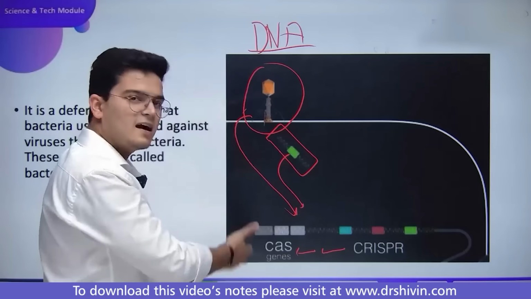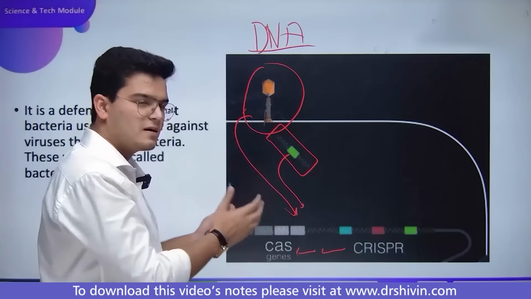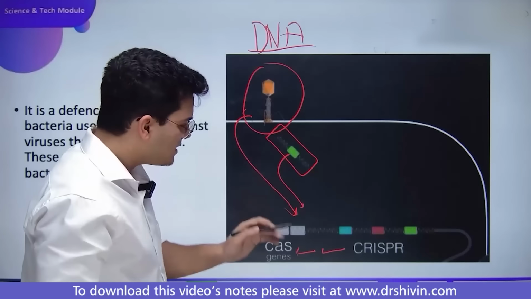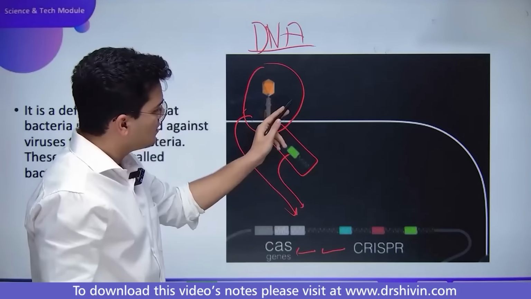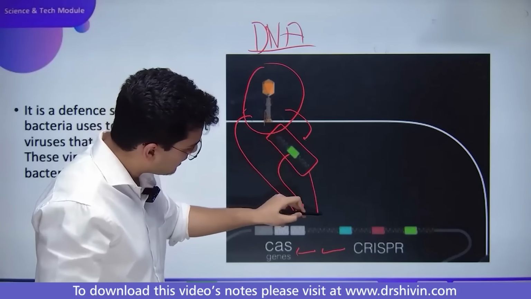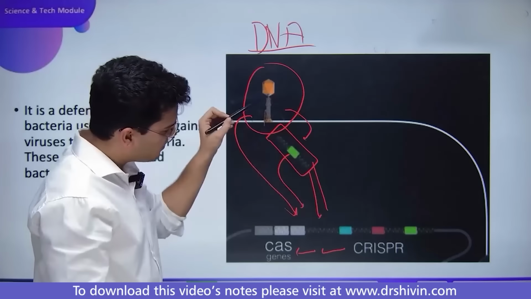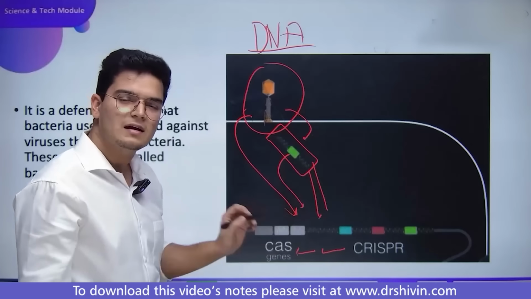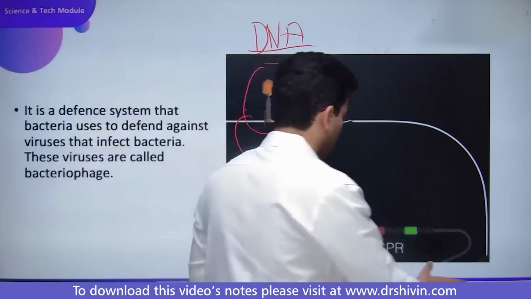The virus will start replicating and it will ultimately kill the bacteria. So the bacteria now wants to prevent the viral DNA from getting integrated.